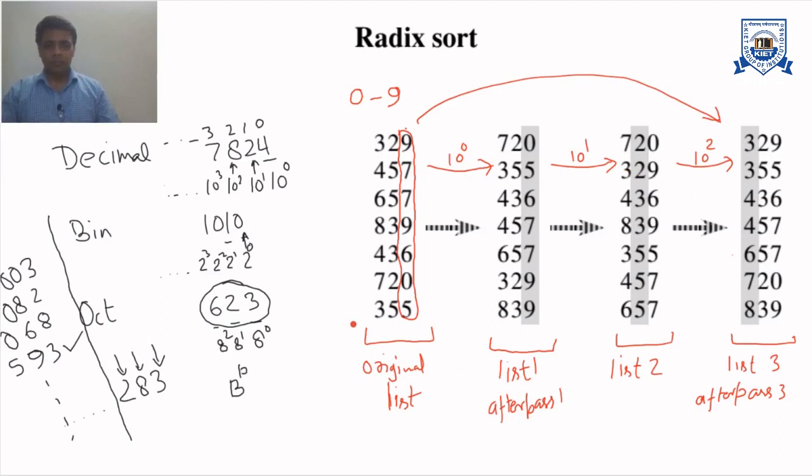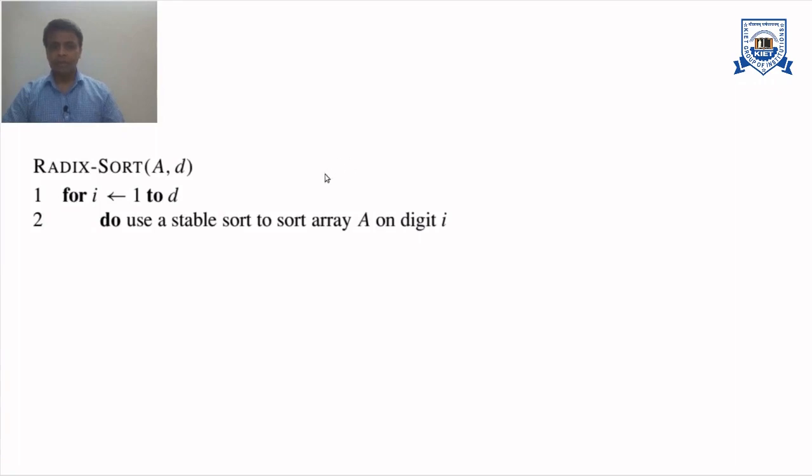Now let's see what the algorithm behind that is. What is the final algorithm through which we could perform these operations? Simple algorithm: A is the list of values which we are going to sort, and D is the number of digits in the maximum number.